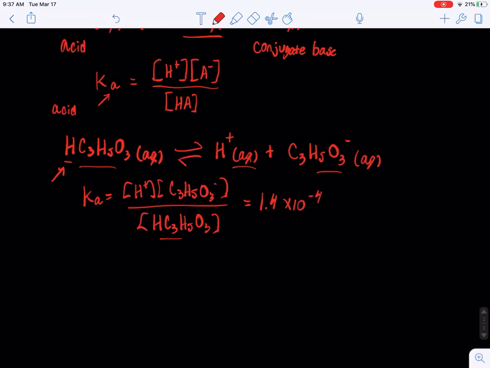Okay, it's quite small, which means that reactants are highly favored. Products are disfavored.